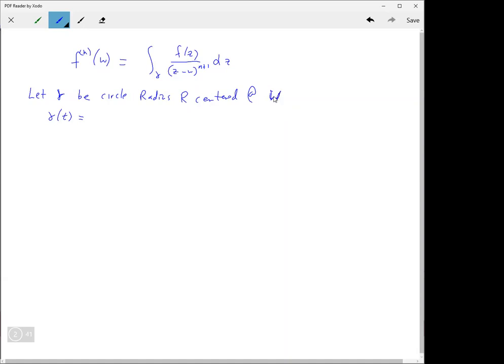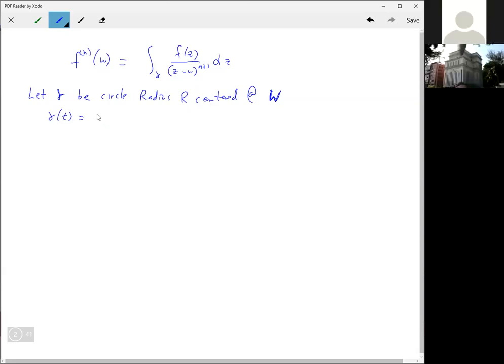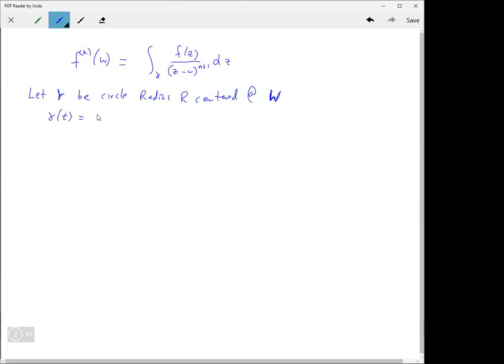Does anybody remember? It would be w plus r e to the i t. Yes, r e to the i t, and the parameterization would be from 0 to 2 pi.